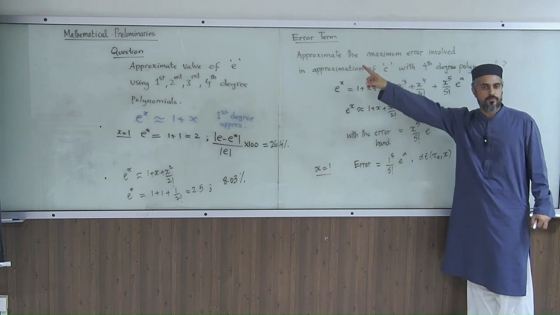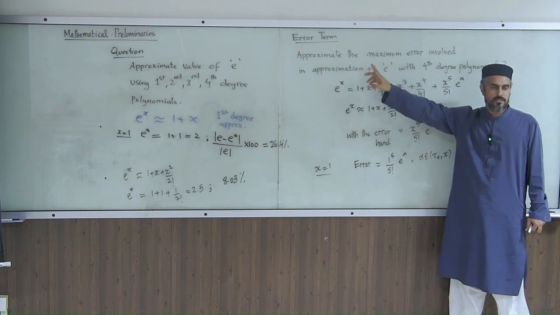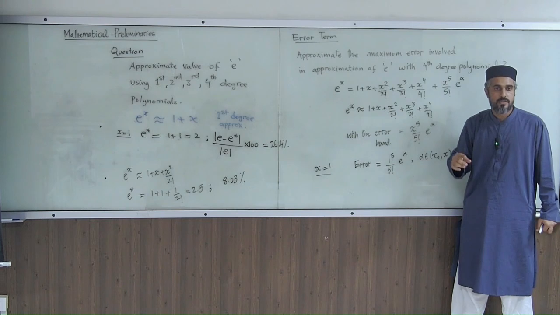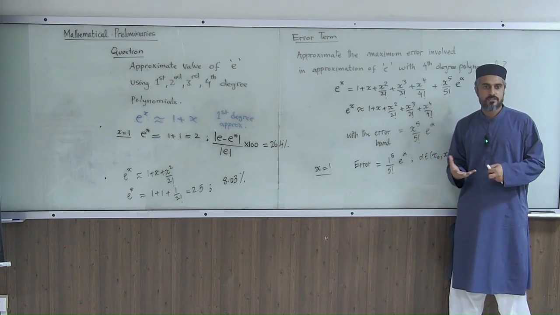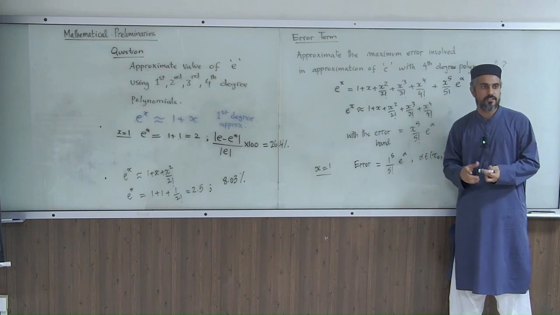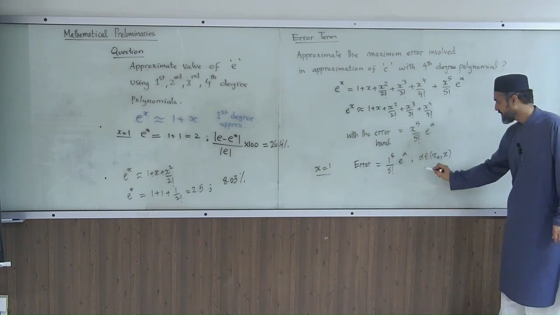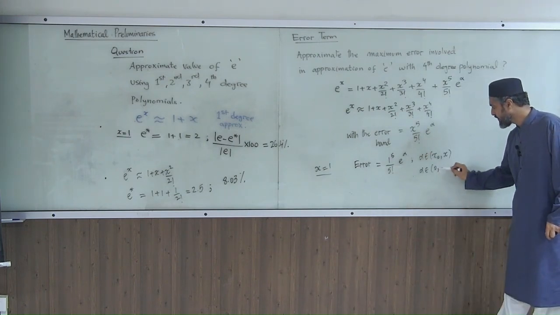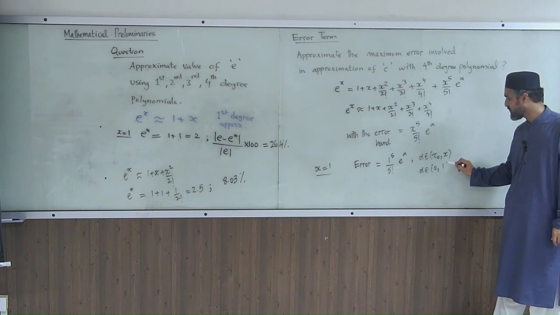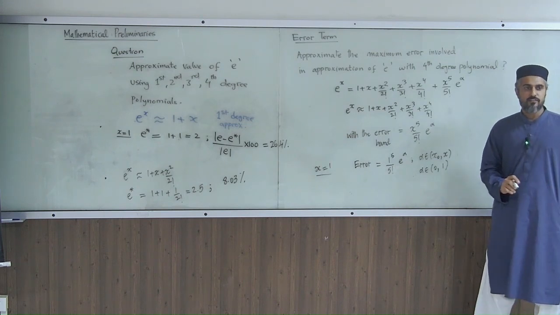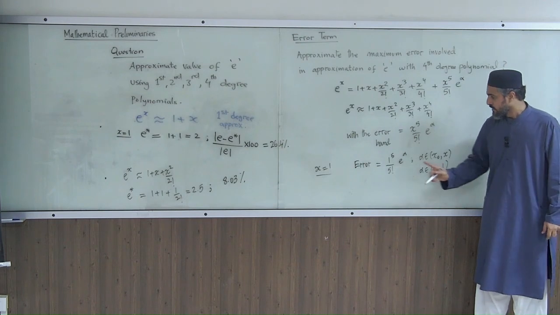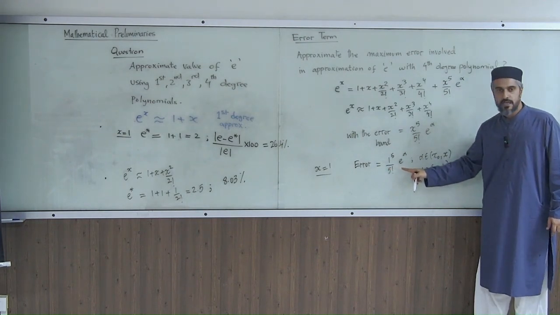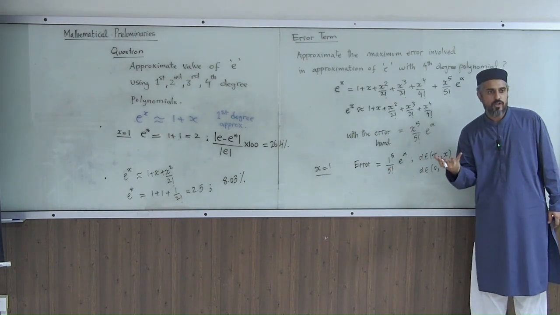If you go to your notes from when we started this, alpha is a number between x naught and x. Okay, what is x naught? X naught is the point where we open the series, which is 0. Okay, so alpha is a number between 0 and what is the value of x? We just chose this one. So alpha is some number between 0 and 1. Okay, so if this is the error we got, we need to quantify it.